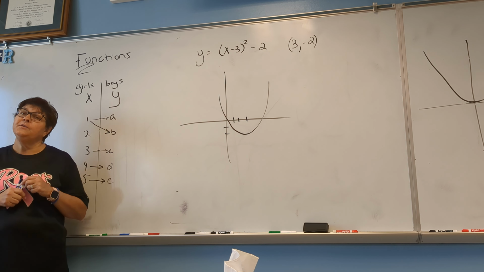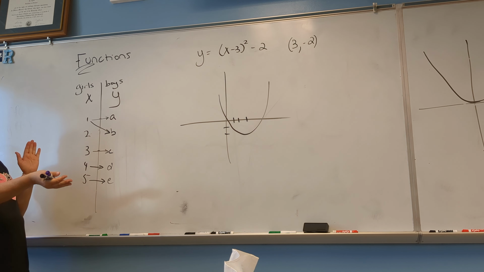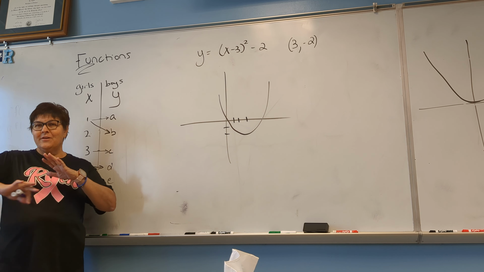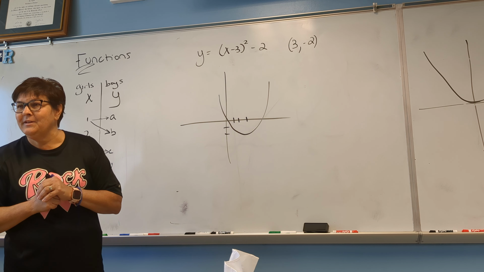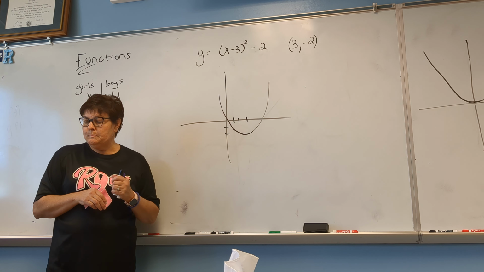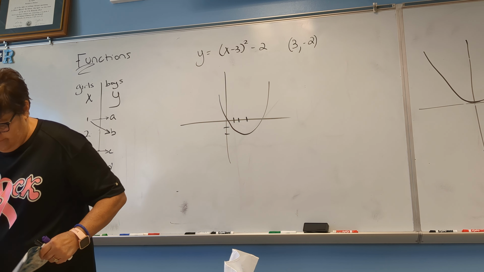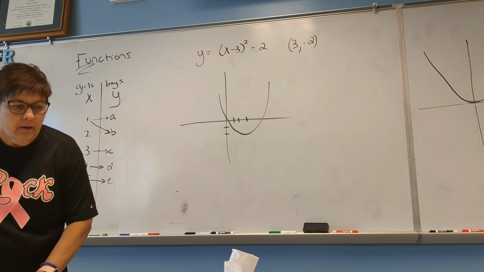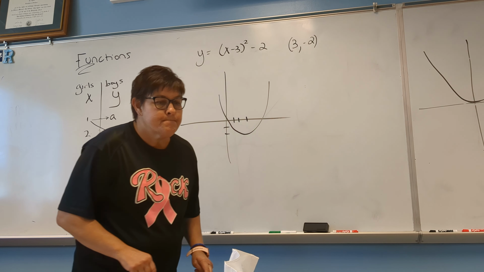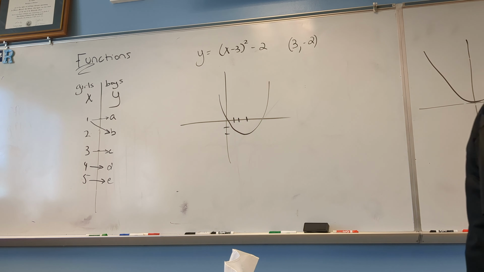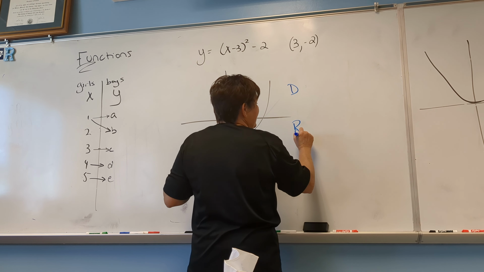Okay, I'd like you to write the domain of this, and I'd like you to try your hand at finding the range of it as well. Your domain and your range.